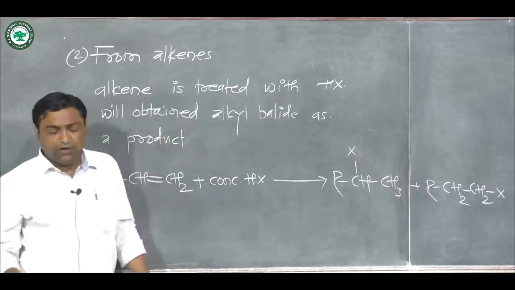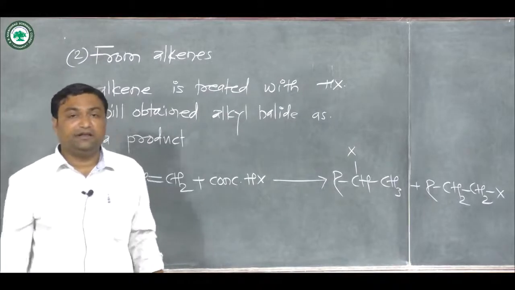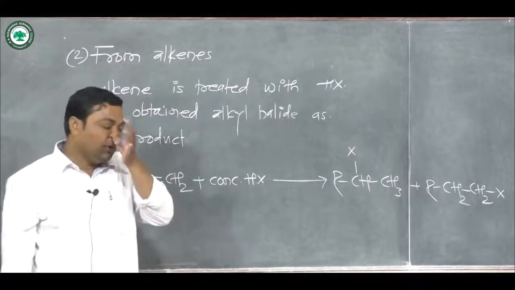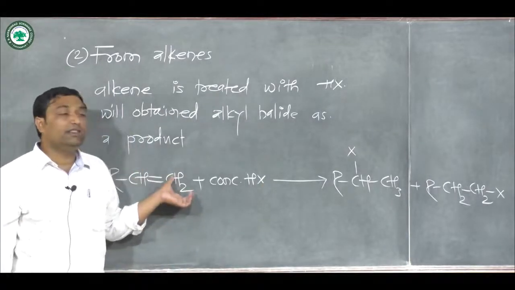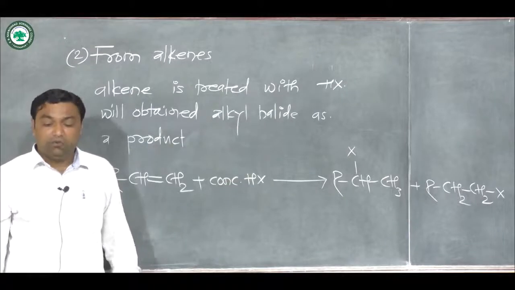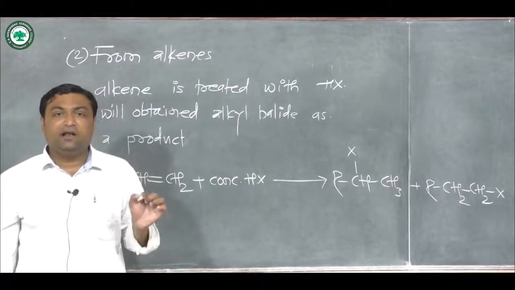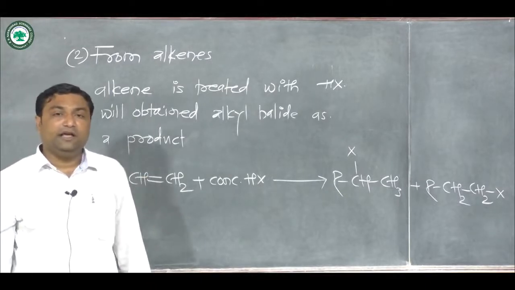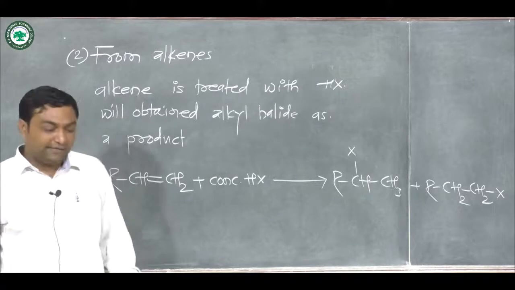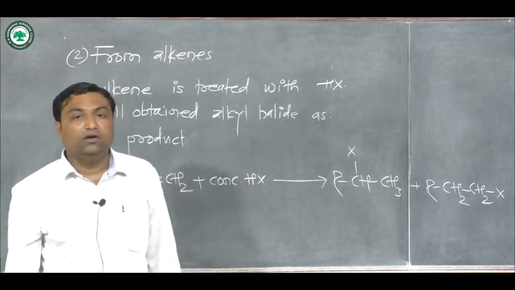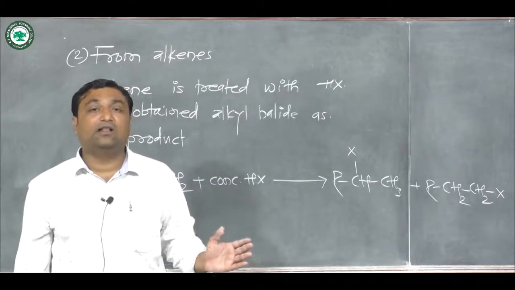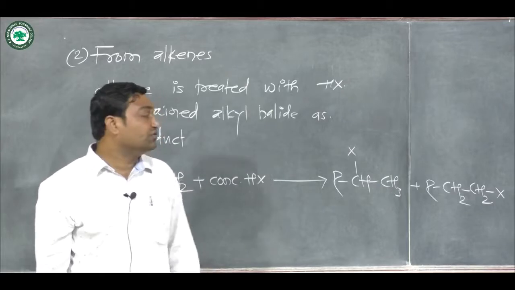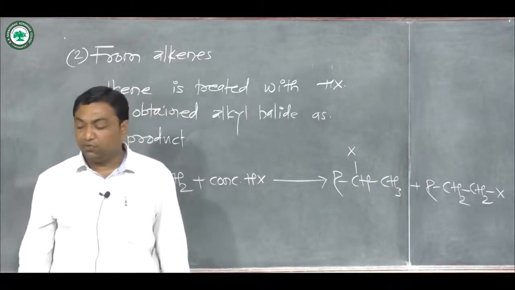If we use a symmetrical alkene for the formation of alkyl halide, we may obtain a single product, whereas if we use an unsymmetrical alkene, then we obtain a mixture of products. Out of that mixture, one will be major in nature and another will be minor in extent. For that purpose, we have to study what is meant by Markovnikov's rule.